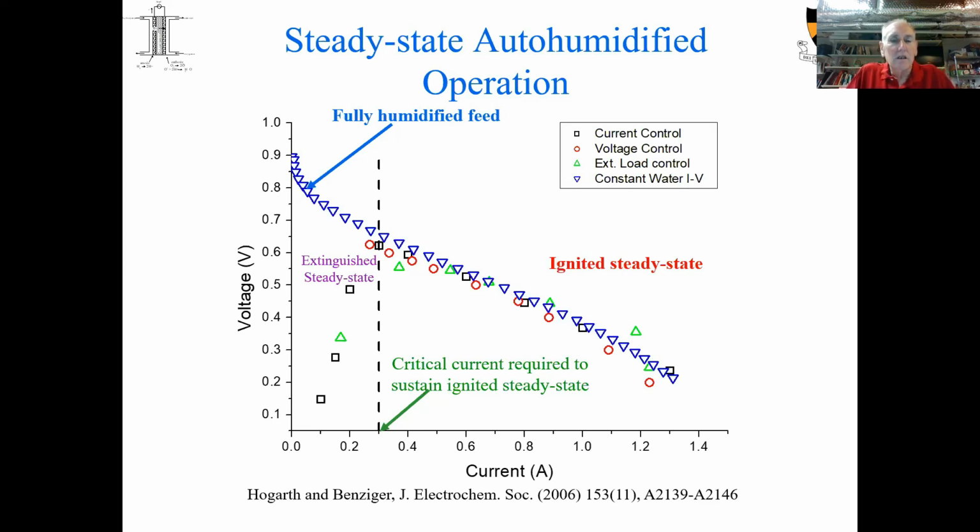And you can see that when we are below the critical current to sustain steady state ignition, then the humidified fuel cell operates, but the dry feed doesn't. But once you get above the critical ignition point, then it doesn't matter whether you've humidified the feed or not. You get the same current densities.